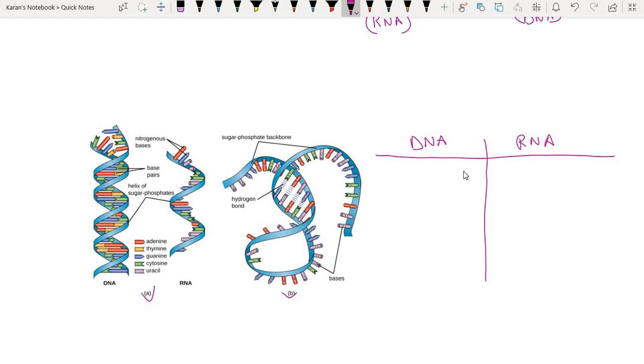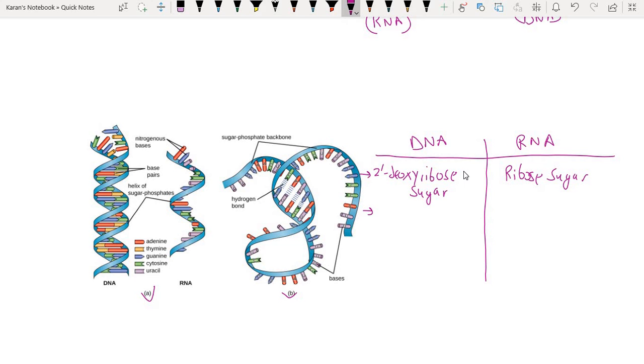The first thing I want to tell you is that DNA is basically a 2' deoxyribose sugar, which we have already seen. But in case of RNA, it is only ribose sugar. This is the first difference between DNA and RNA.